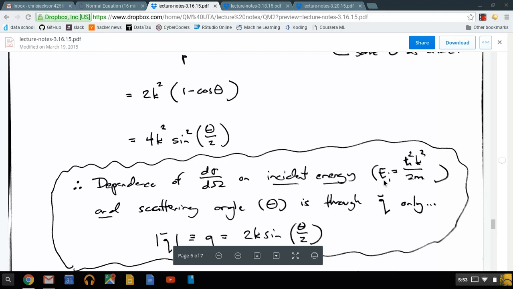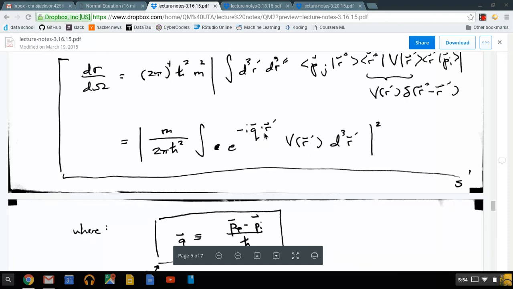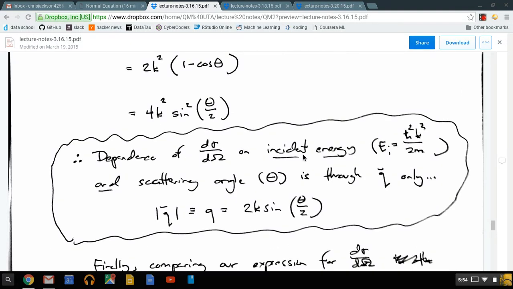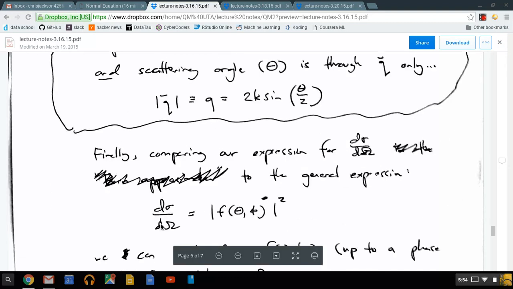So our dependence on the initial energy and our dependence on angular quantities are inside of this exponential. This guy just depends, it's a central potential, so it only depends on the distance r.